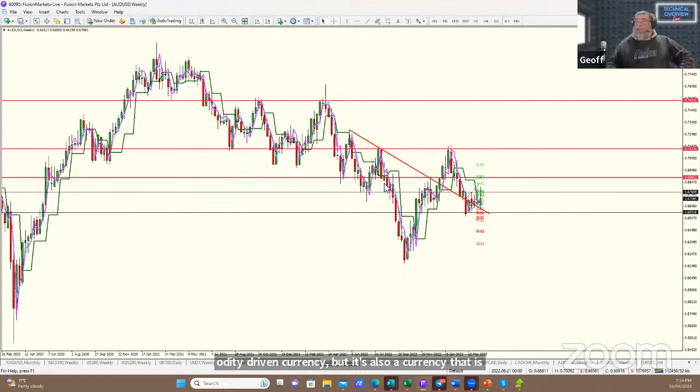And that is something that you need to work out, where the actual sentiment of the market is bullish, bearish, risk-on, risk-off. As an adjunct, it's another layer to think about when you're trading the Aussie.